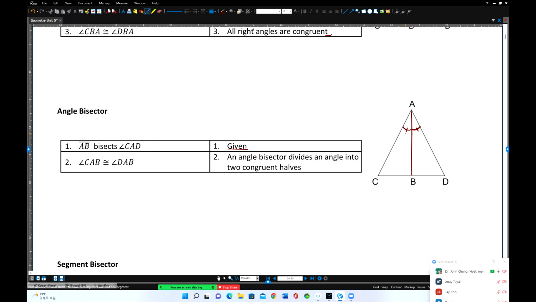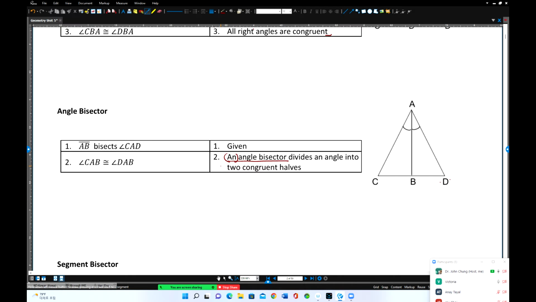Because this is a bisect, angle CAB and angle DAB, these two angles are congruent. We don't know the measure, but they have the same magnitude. That is congruent, it's gonna be equal. So angle CAB equals angle DAB. The reason you have to memorize is angle bisector.